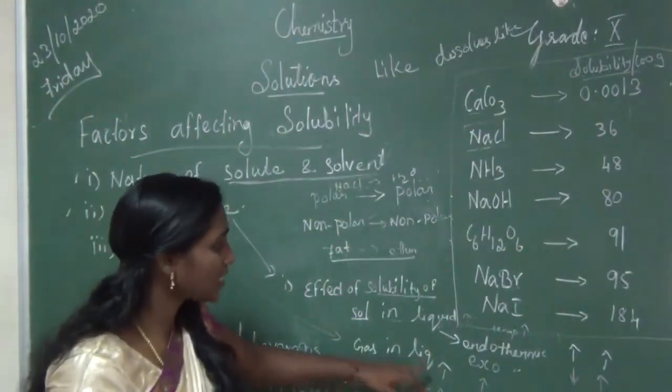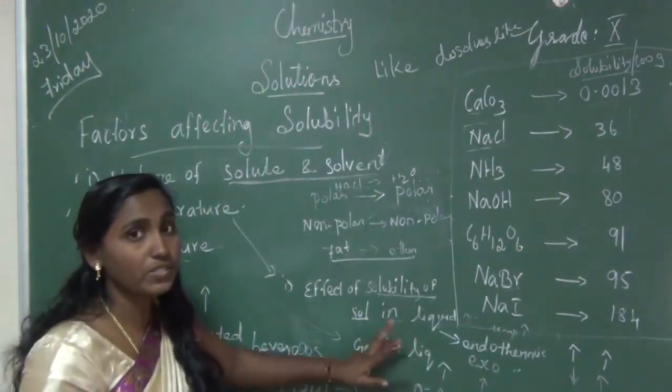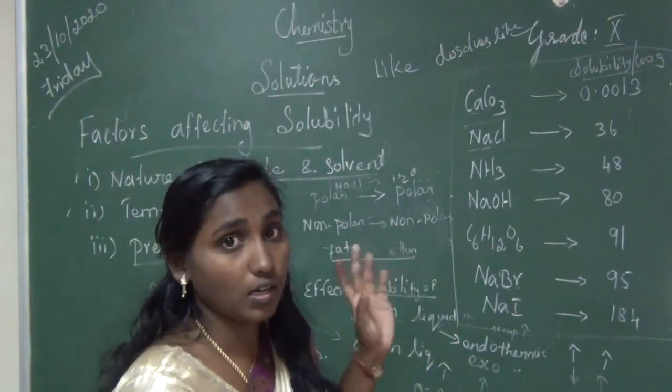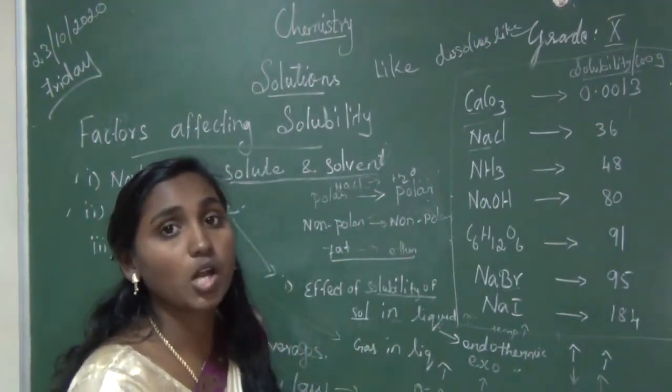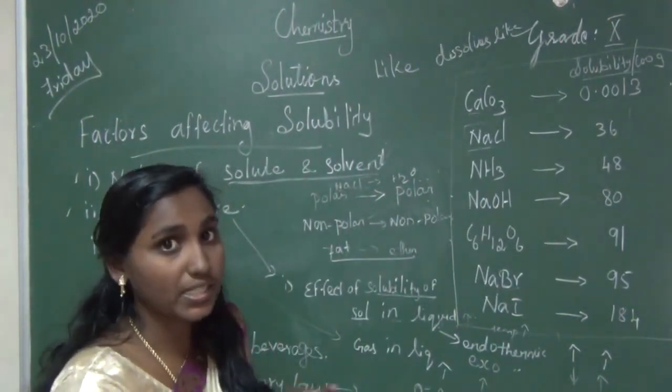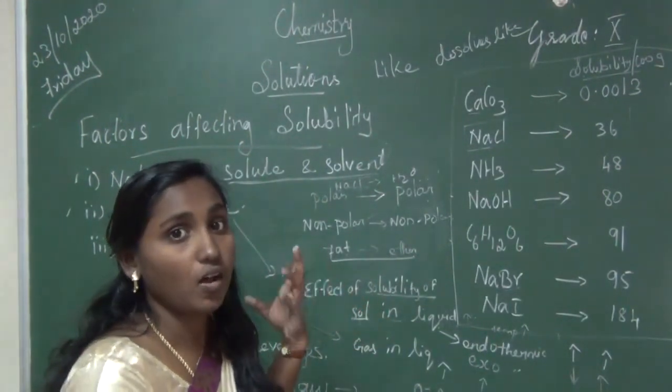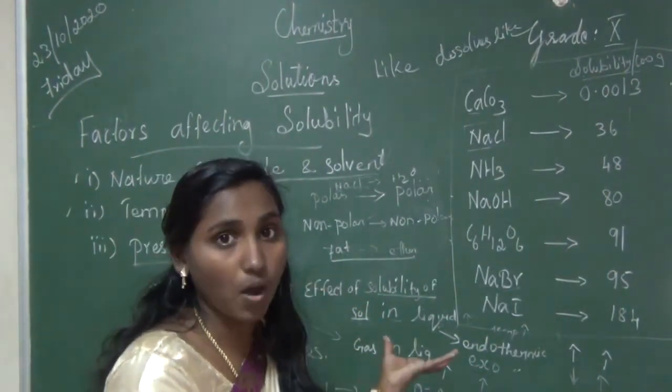The next is gas in liquid. About dissolved oxygen we studied two examples. When water is boiling, bubbles form, which means oxygen escapes in the form of bubbles.